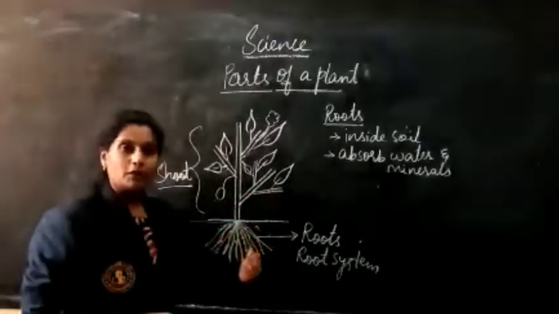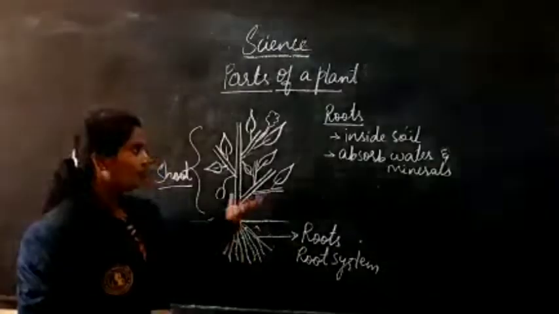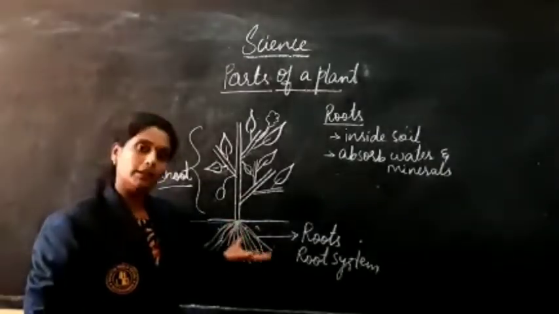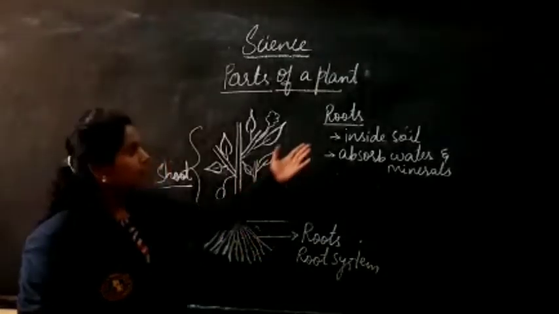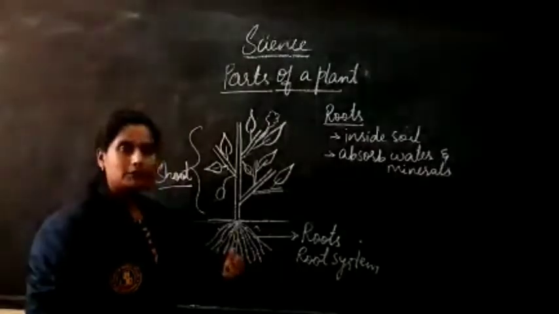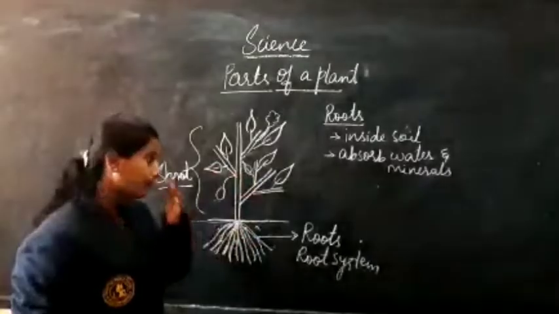And how do we water the plants? Yes, we water the plants daily, because plants need water to survive. As a living organism, it needs water, air, food, etc. to survive. So these roots help to absorb water and minerals from the soil, and this water and these minerals are given to the stem.